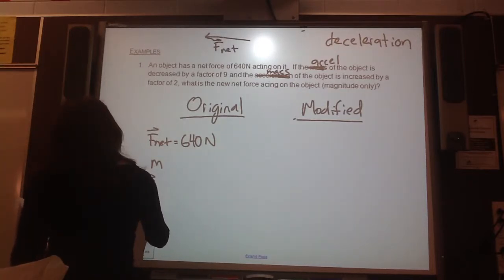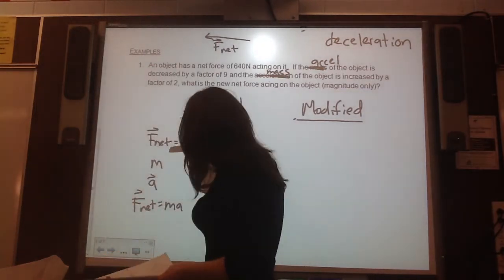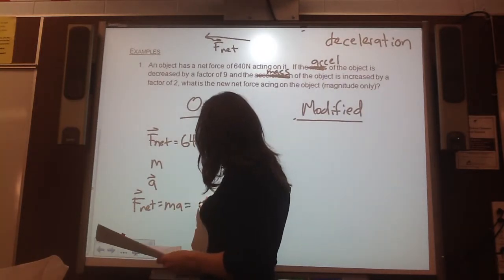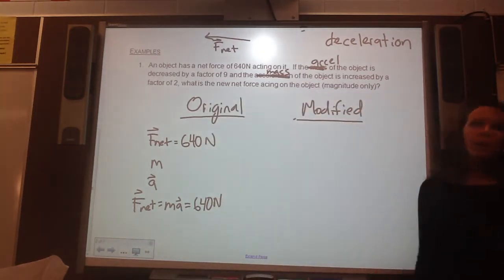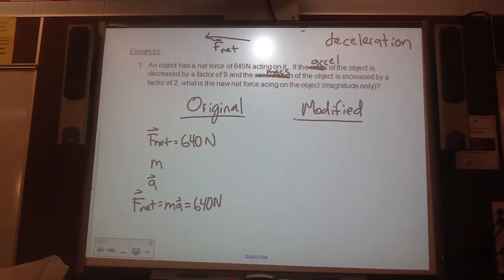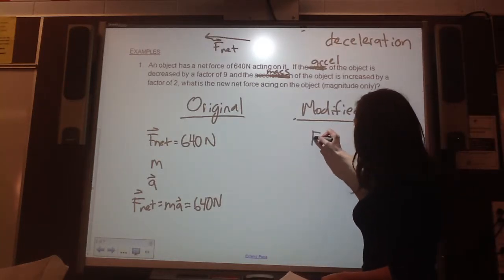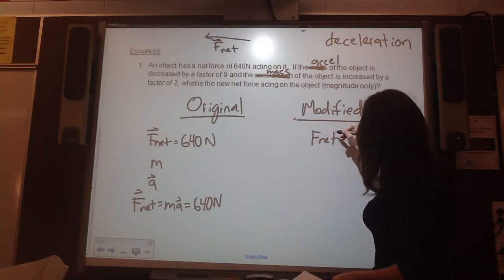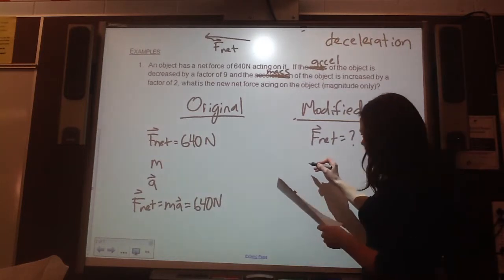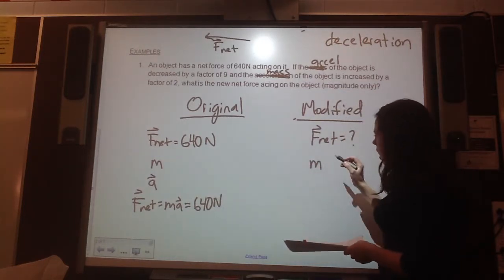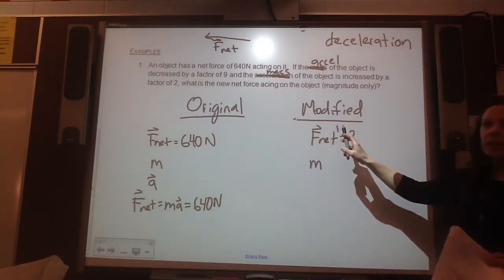I know that F net is equal to m times a, and in this original situation that is equal to 640 newtons. So that's what I know about my original situation. In my modified situation, F net is what I'm trying to find, and I'm going to label it F net prime, meaning the second one.